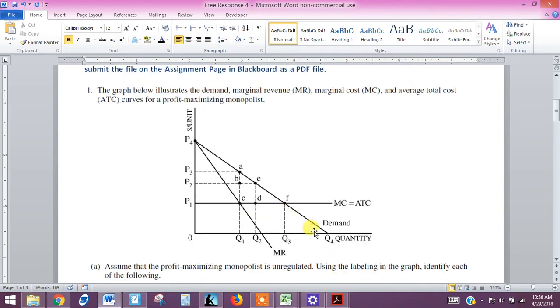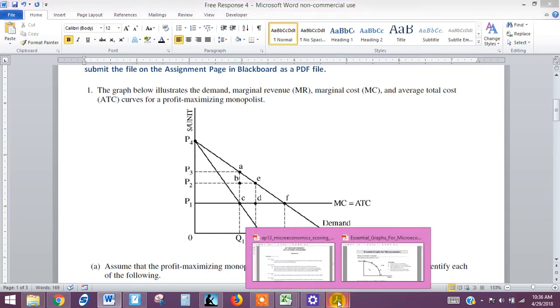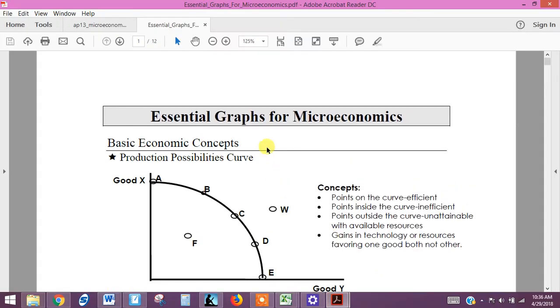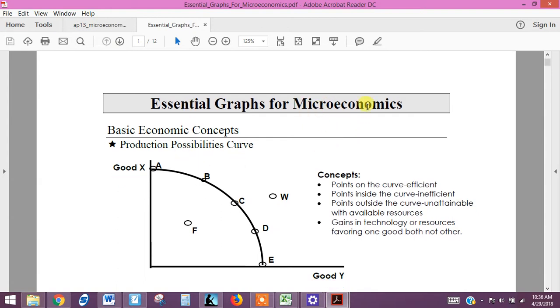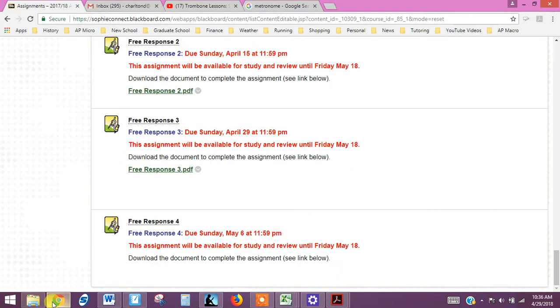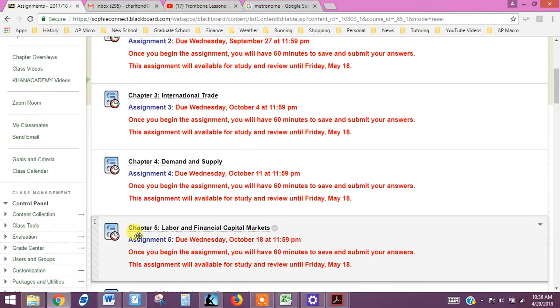So it's going to be very important for you guys to spend as much time as you can with this handout, with this study guide that I sent out to you guys a while ago that has all the essential graphs for microeconomics.